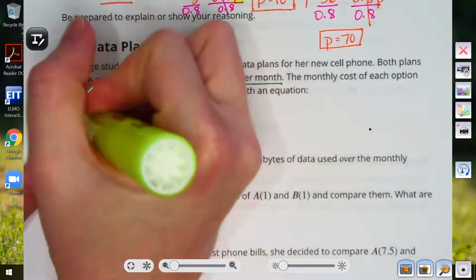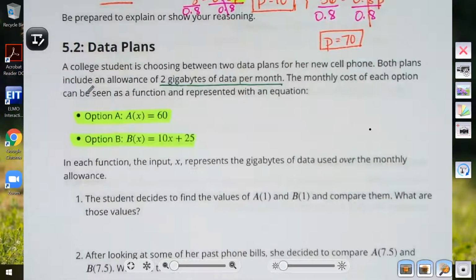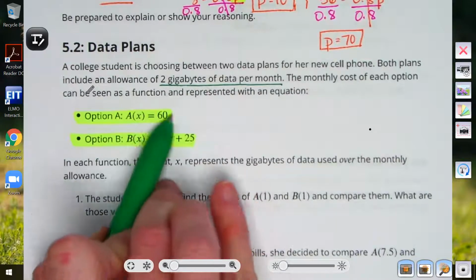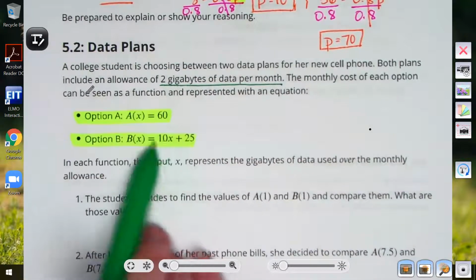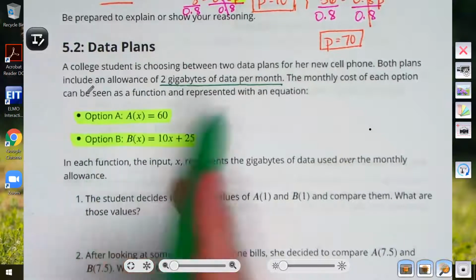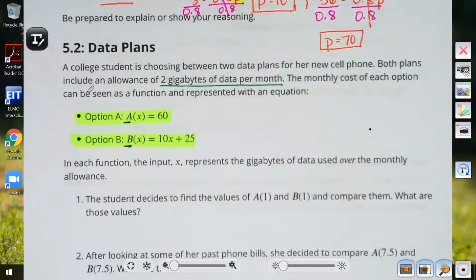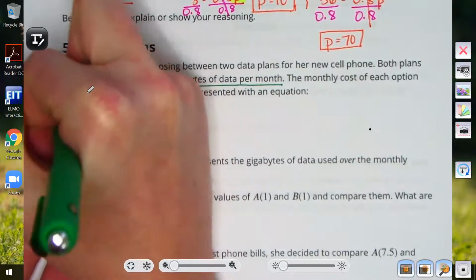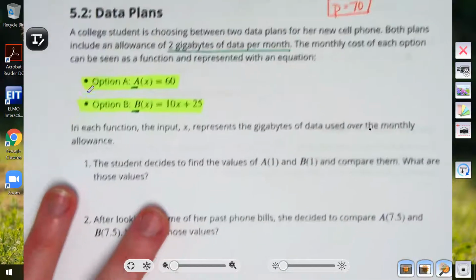How do we know they're different? Okay, Hayden said one of them is just a number. It's a set price, and the other one has an equation. Also notice, and I can tell the difference, they have different names. Okay, so this is option A and B, 2 different phone plans.